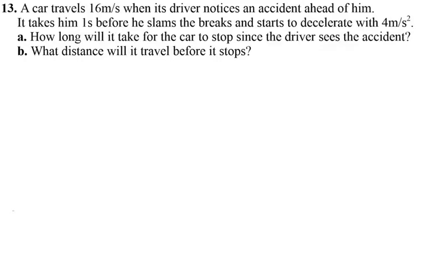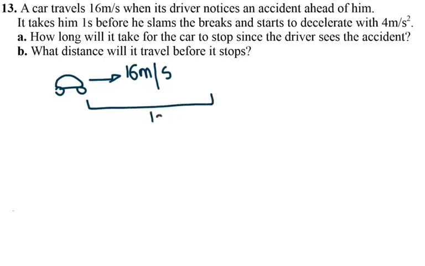So here is the car, and it's traveling at 16 meters per second. So initial velocity is 16 meters per second. It takes 1 second before he reacts. So that means right here, there is still 16 meters per second velocity.